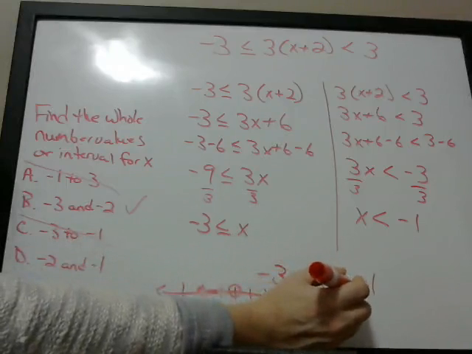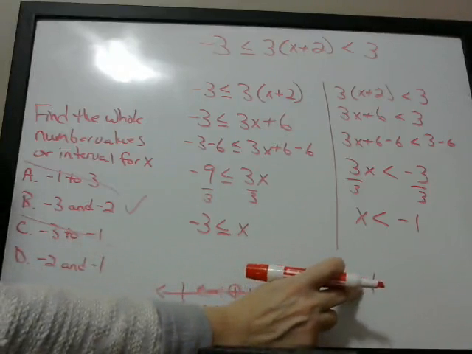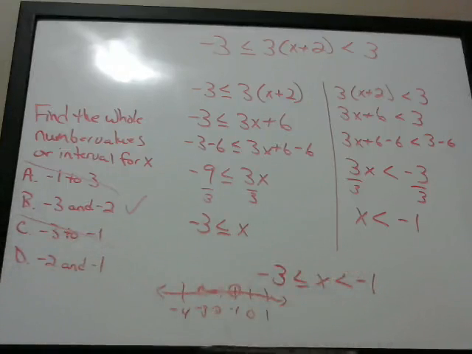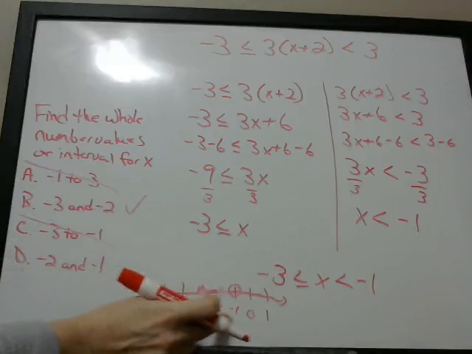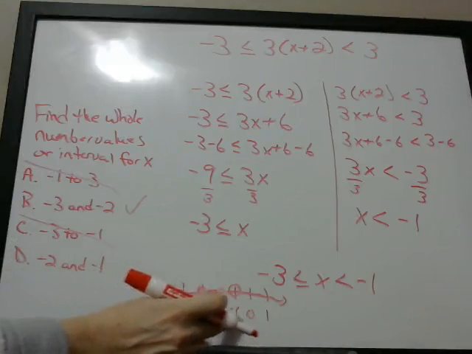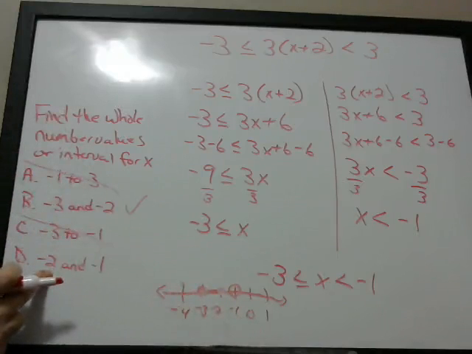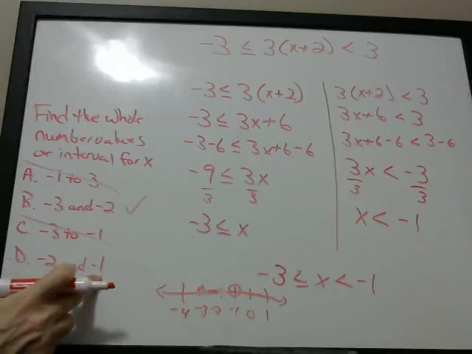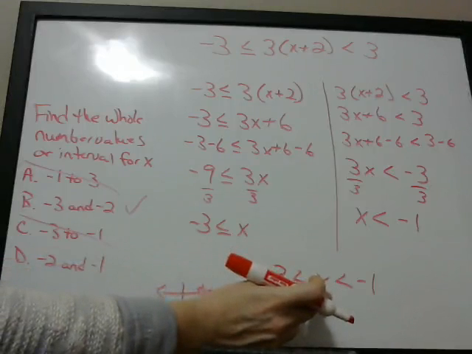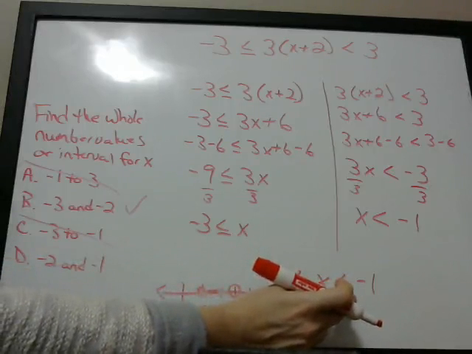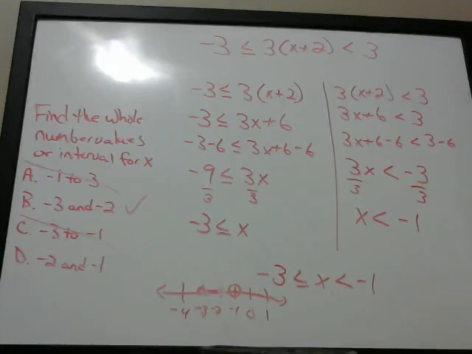Only if this was a less than or equal to sign, but it's not a less than or equal to sign. And the last one, negative 2 and negative 1, meaning that those are the two whole number values. Well, negative 2 is right, but negative 1 doesn't satisfy this equation because negative 1 is not less than negative 1. It's equal to negative 1. So that's not a right answer.